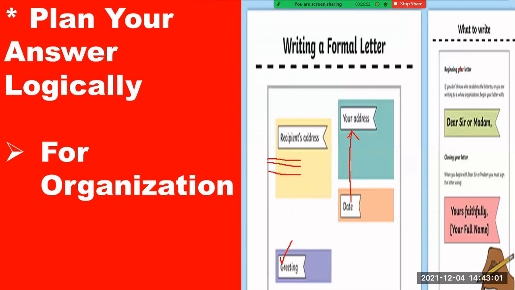Then after this, then what to write? In a formal letter, you have to write your title. Your title should be the next thing here. Okay, your title. No, what comes is the greeting. Already we have shown the greeting here. All right.